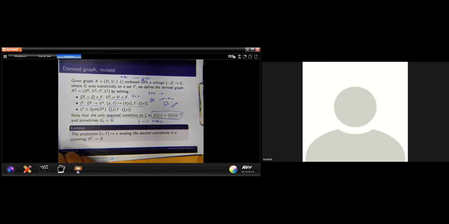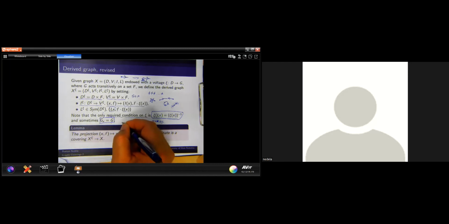And in the end, we are getting a homomorphism, or better an epimorphism, from the fundamental group to G. As I said, we extend in a natural way the voltage assignment to walks.